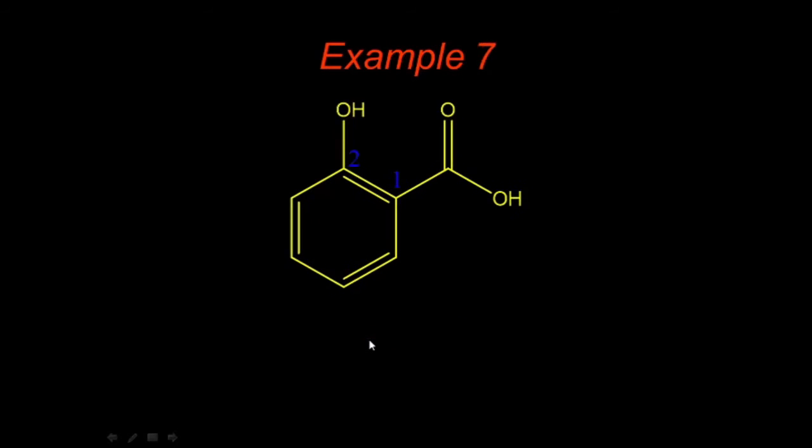For example, this structure with a hydroxyl group in the second position. We remember that numeration starts from the carbon bearing the carboxyl group, so it is benz plus oic and the word acid, and the last one is the position of the second group attached to benzene: 2-hydroxybenzoic acid.